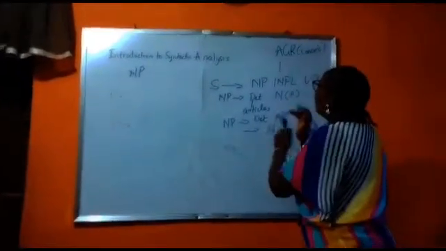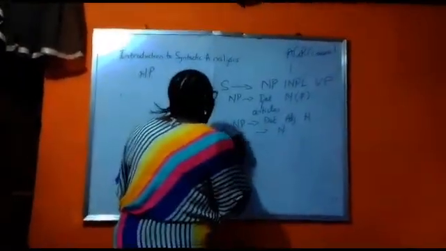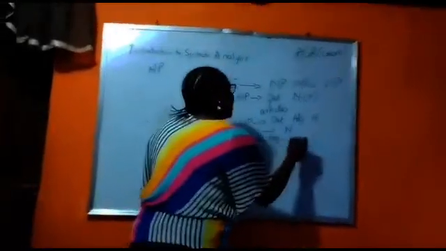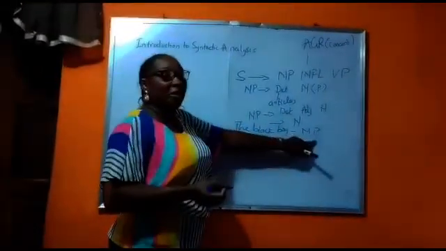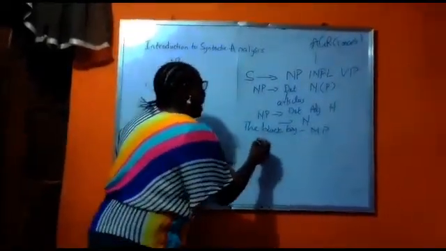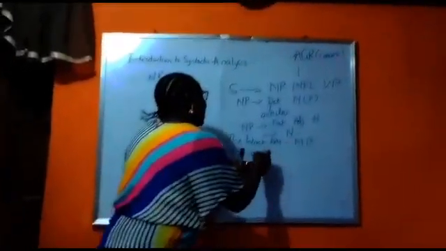Now from here, let's just go on and see if we can use sentences. For instance, if I say the blackboard, so this is our noun phrase, the NP. So if I say NP, you know I'm talking noun phrase. So this is the NP, and so we have here NP breaking into these elements.